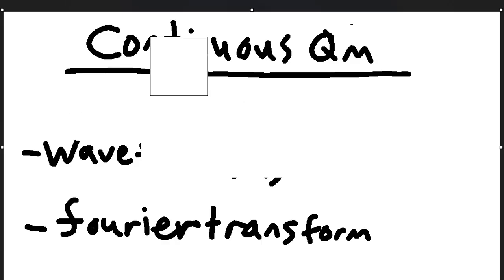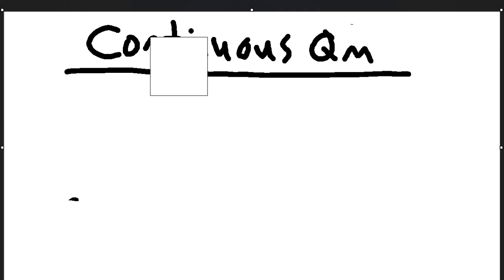Anyway, so continuous mechanics. The very first thought you might have looking at this is, what does continuous quantum mechanics mean? Well, this refers to systems where there is a continuous amount of, say, energy or momentum. And I better write this down here.